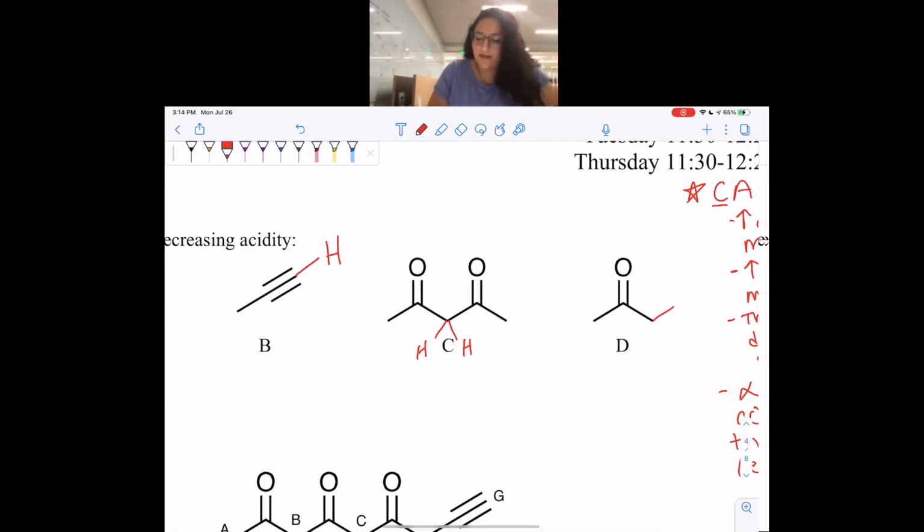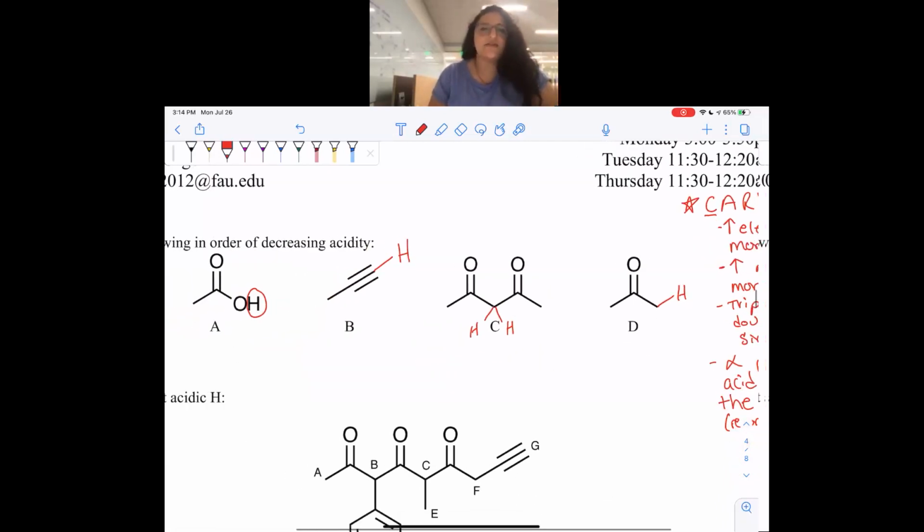Anytime he asks you a question like this, you're supposed to assume that you're going to look at the most acidic hydrogen on each molecule. So I've made those all in red, and this one I just circled because I didn't want to re-outline it.